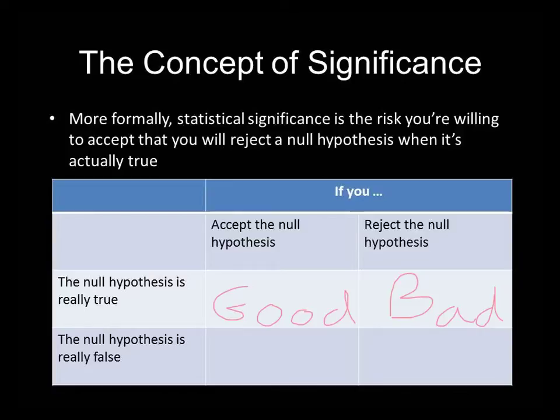If we accept the null hypothesis, and the null hypothesis is really false, we say there is no significant difference in the number of meetings that managers have versus non-managers, but that's not really the case, well, that's bad as well. And finally, if we reject the null hypothesis, we say that managers do indeed have more meetings than non-managers, and the null hypothesis is really false, that is a good situation. We rejected something that's false.